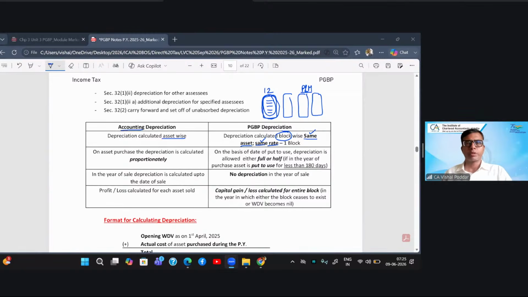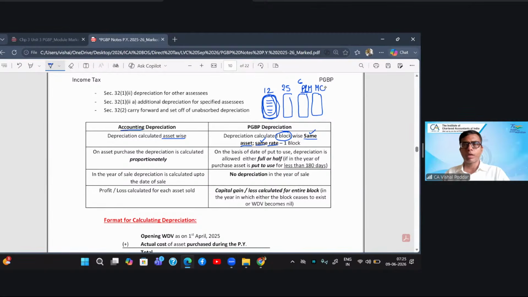So the machines having 15% are in one block, the machines having 40% are in another block. Now, within this block of 15%, you have 25 machines. Within this block of 40%, you have 6 machines. Correct? So what have you done again? You have grouped them, and each of these groups is called a block.